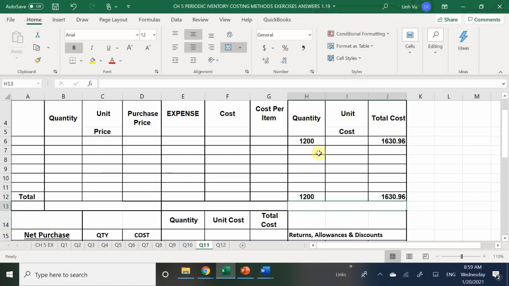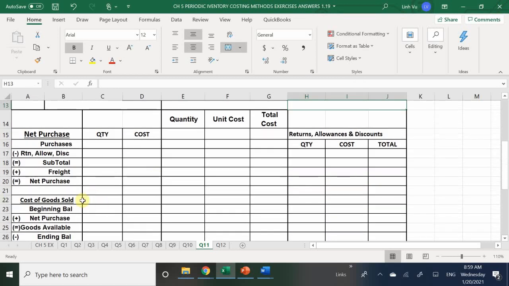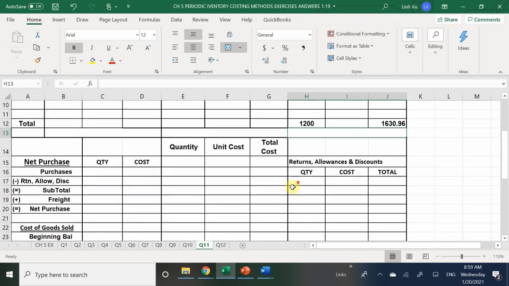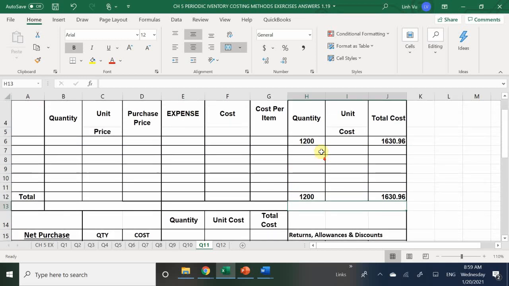I don't need to do the cost per item because at the end of the day it's not going to matter to me, since I'm going to add it to my net purchases. I don't need to separate them because, again, it's weighted average. At the end of the day, they're all going to be grouped up into one anyway. All I need to recognize is that I have 1,200 and it's for 1630.96. Okay? Boom.